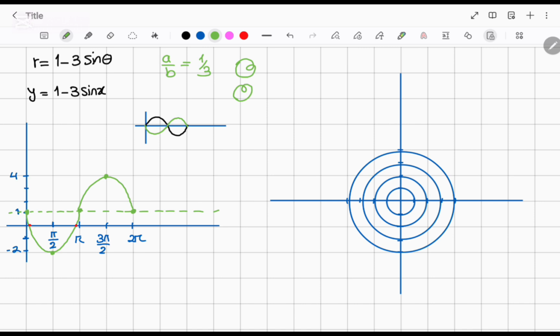So on 0, the sine is at 1. This is 0, pi over 2, pi, 3 pi over 2, and 2 pi. But look, on this red point over here, the graph is going to go through the x-axis and the y is going to be 0.